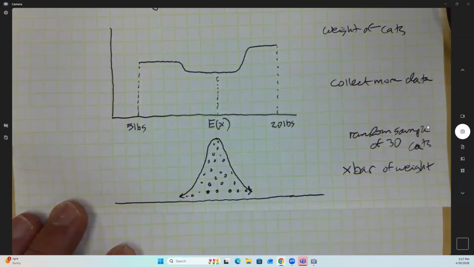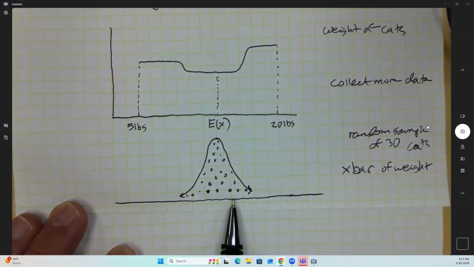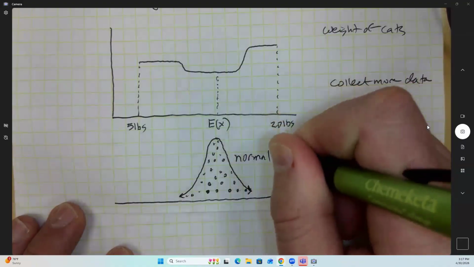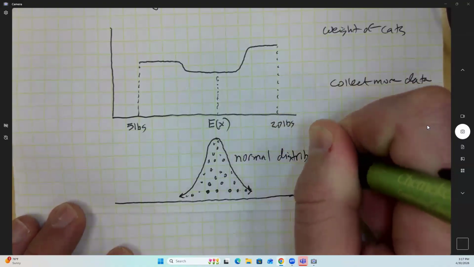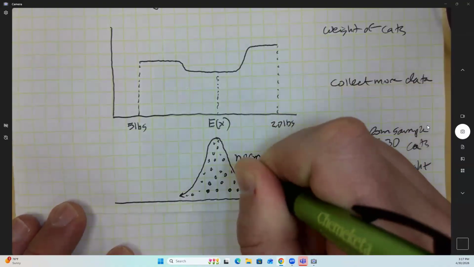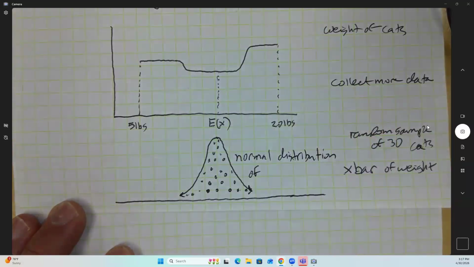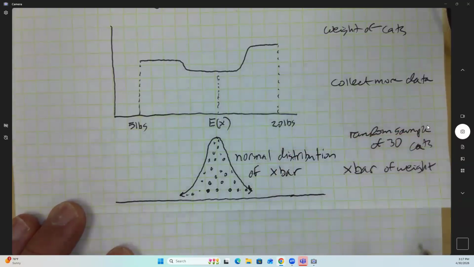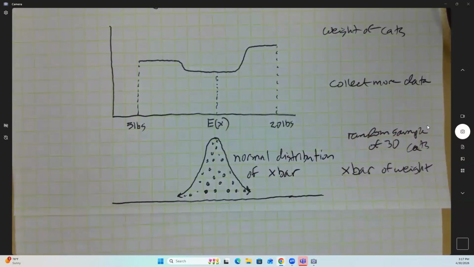What kind of distribution are my sample averages? This is a normal distribution. Not of the variable x, but the variable x bar, the averages of samples.